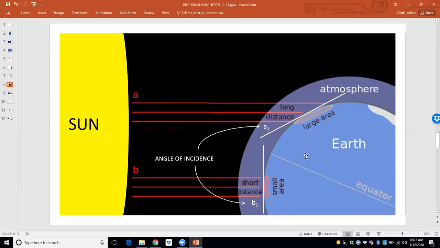So what is causing the equator to be warmer than the poles, or conversely, the poles to be colder than the equator? It's not this distance, because this distance is not to scale. This actual distance is not to scale, okay? Even the two circumferences are not to scale.